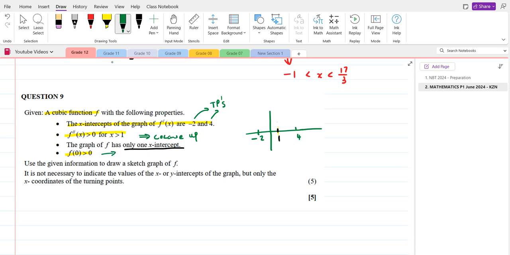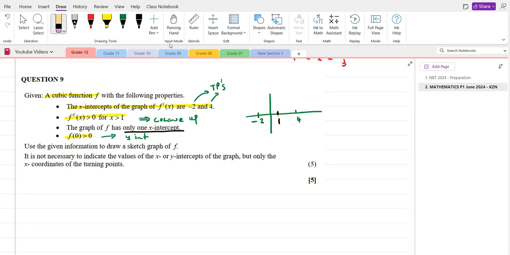So I'm looking at a graph. Okay, now let me draw a cubic function and decide which one it is, right? So we know we're going to get two types of cubic function. Is it this one?